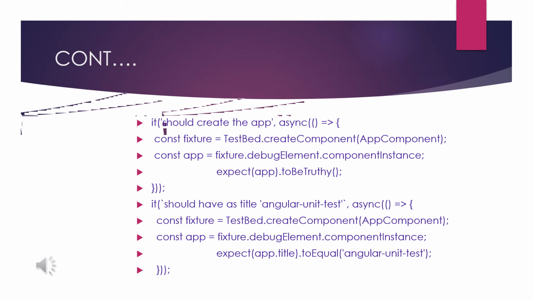Okay. In the next test I have given 'should have as title Angular unit test', which means again I use the same configurations. Again I'm expecting this app's title should be equal to Angular unit test. It will take the content of the title statement and compare it with the given value, Angular unit test, and check whether both are equal or not.